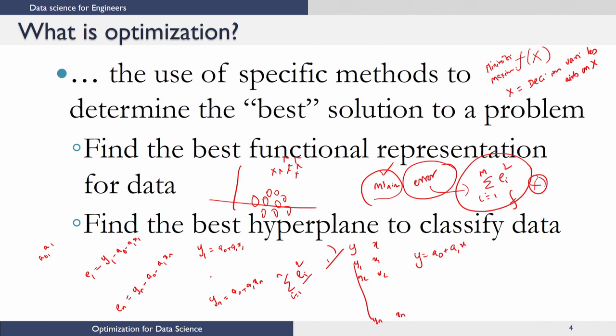Now, I want to find a hyperplane which separates this. You could ask which is the best hyperplane that separates this. I could draw a hyperplane here, or here, or here, and so on. Now, which one should I choose?